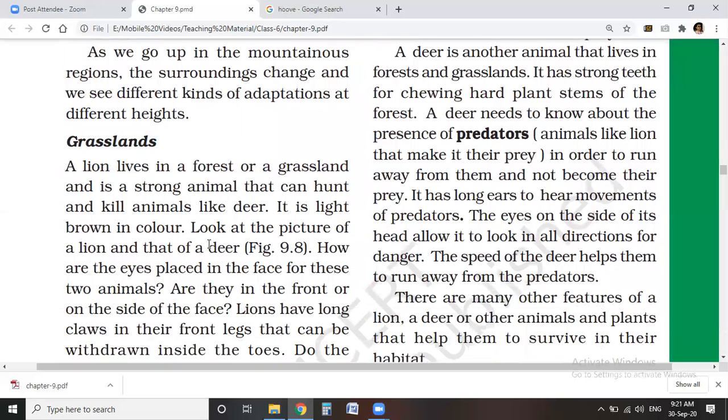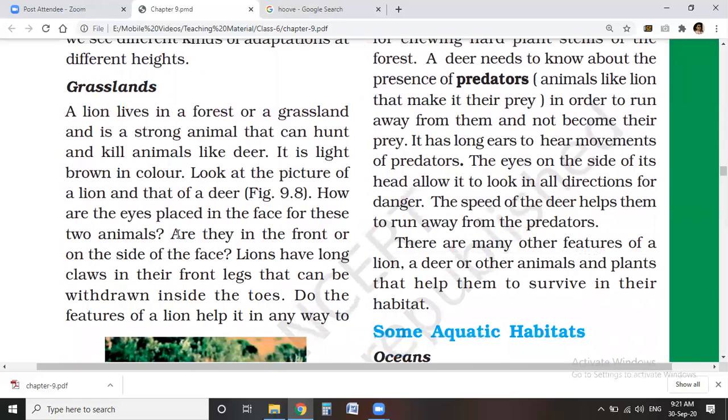When we talk about the grassland, here we take the example of a lion. We know that a lion lives in a forest or grassland, and they have adopted some specific features to live in the grassland.